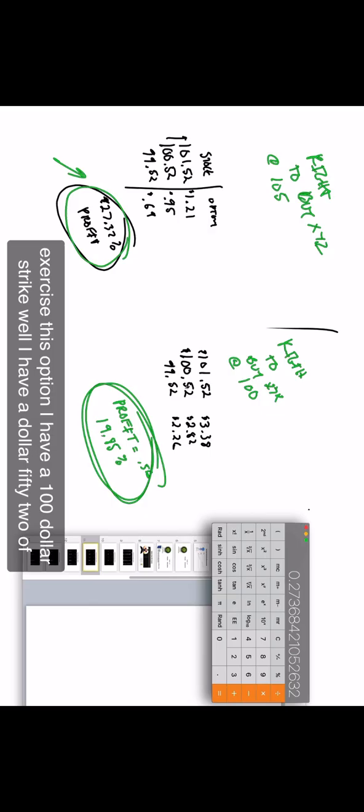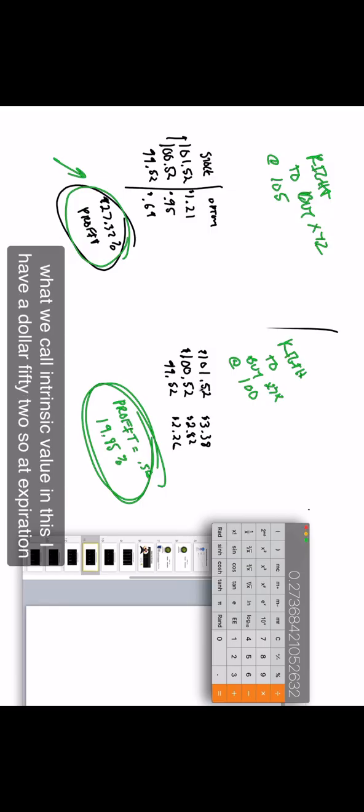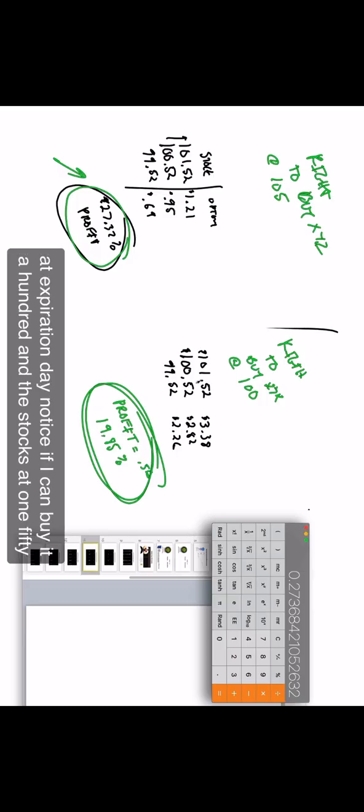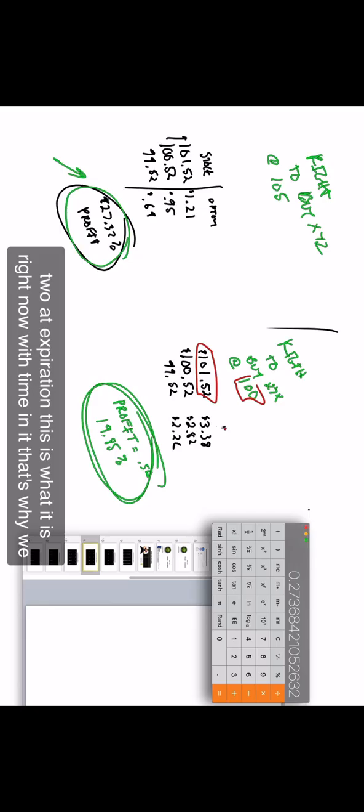And think about this. If I were to exercise this option, I have a $100 strike. Well, I have $1.52 of what we call intrinsic value in this. So at expiration day, notice if I can buy at 100 and the stock's at 152, at expiration, this is what it is right now with time in it.